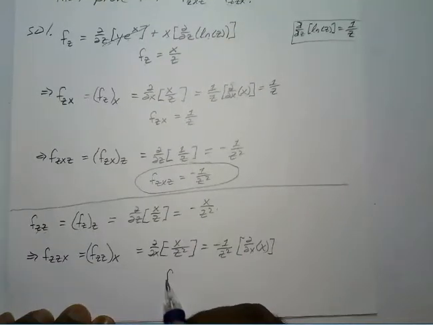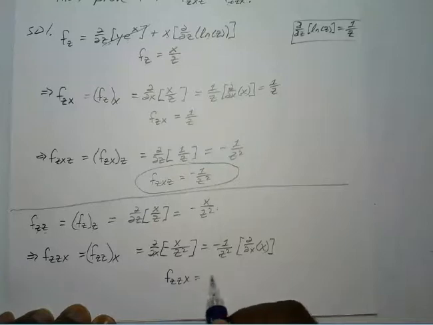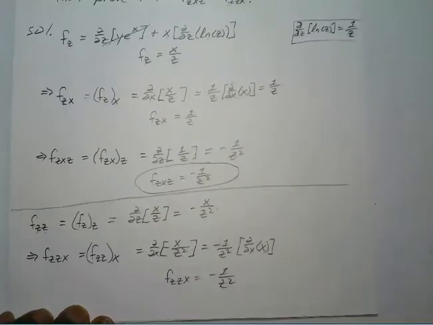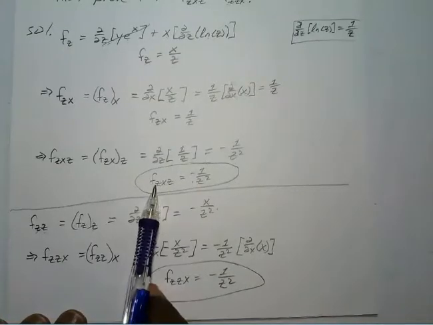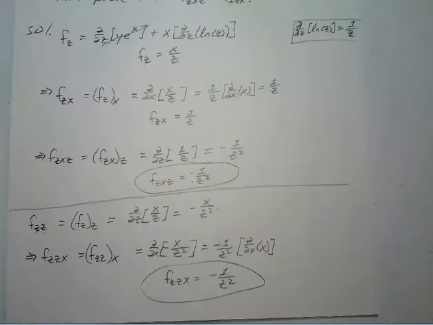So that shows us that the partial with respect to z, then x is negative 1 over z squared, which is the same as the partial with respect to x, then z. Because it's continuous, you can see that those mixed partial derivatives are equal.